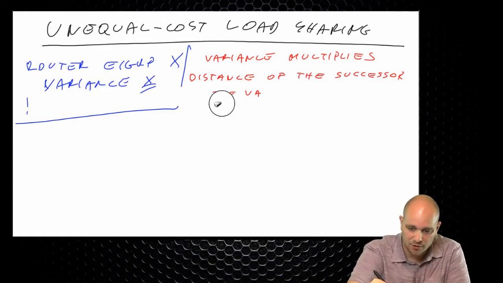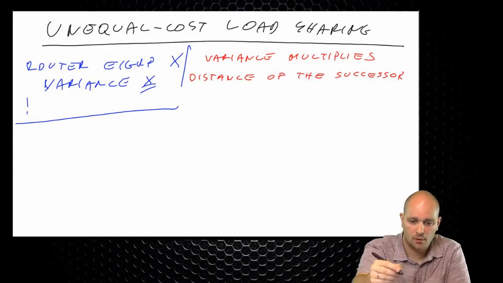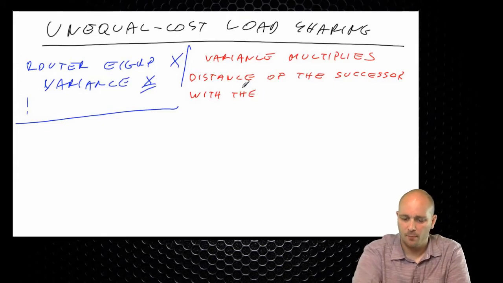English, not my first language, apologies. Or maybe it is by, but it doesn't matter. Variance multiplies distance of the successor with the value of variance.